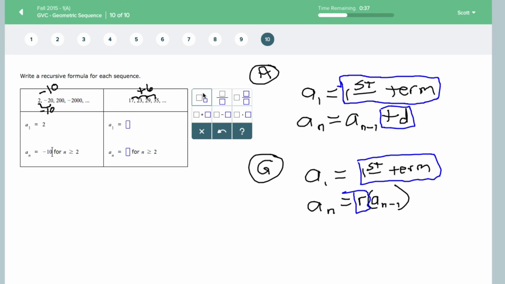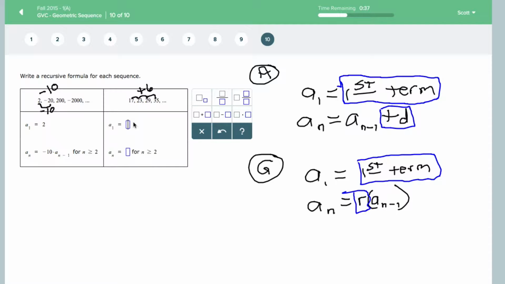Oh, I didn't get the parentheses in there. Oh, it doesn't want us to use parentheses, so I'll just use the times a sub n minus 1.